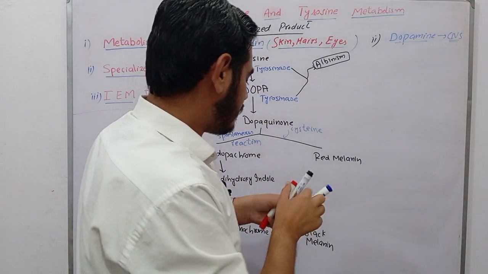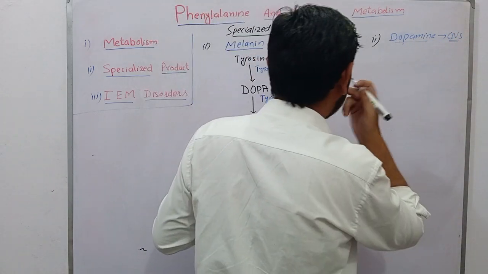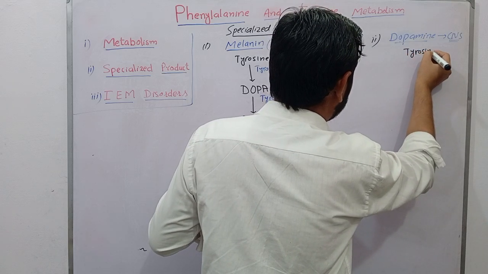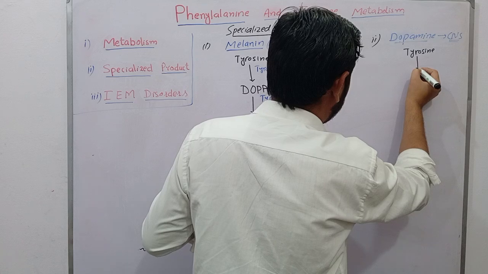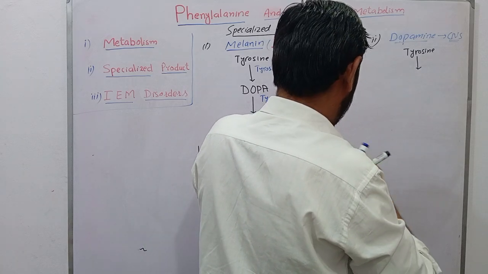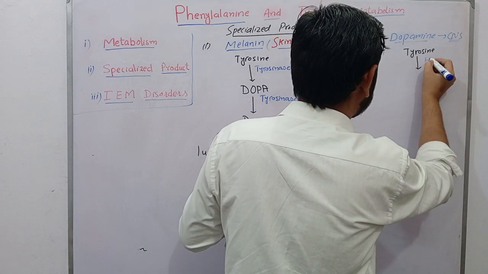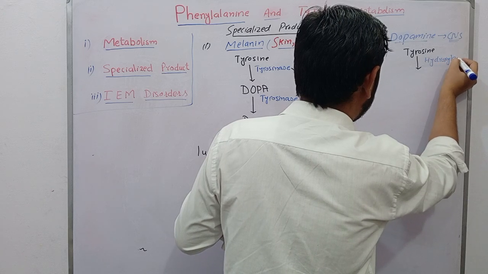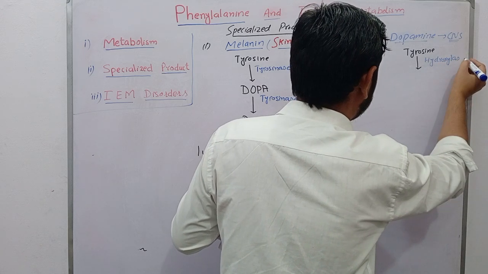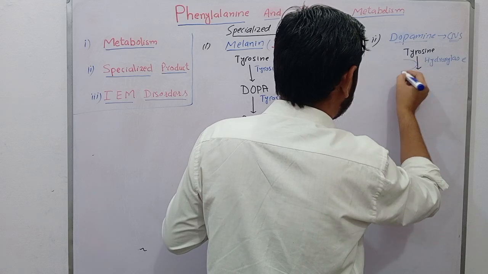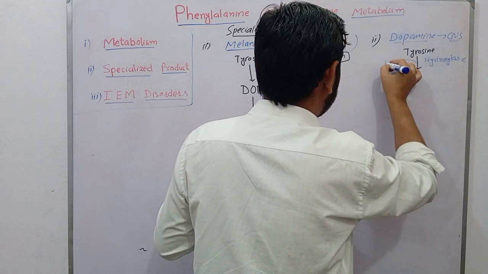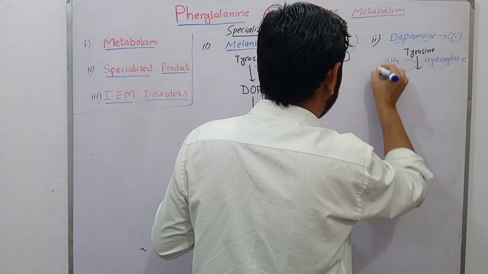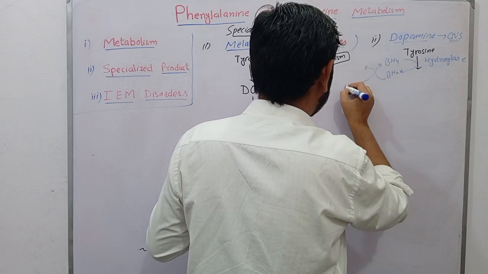Dopamine. First of all, tyrosine, by action of hydroxylase enzyme, and here BH4 converts into BH2 and again gets regenerated.